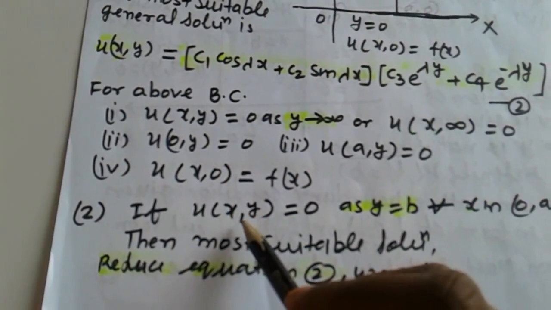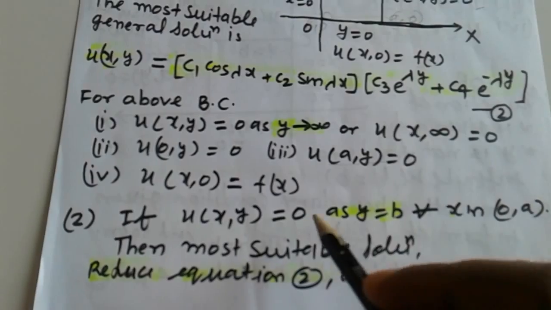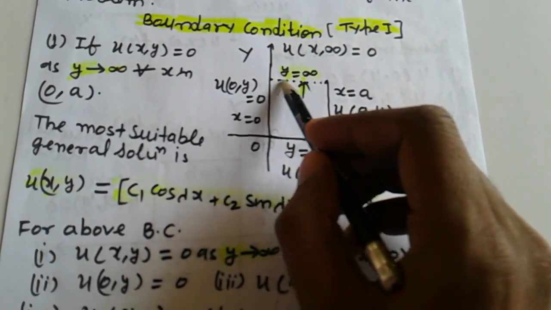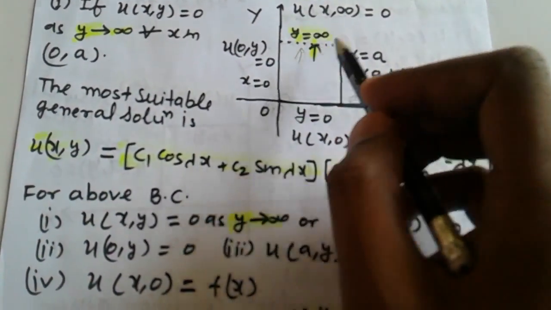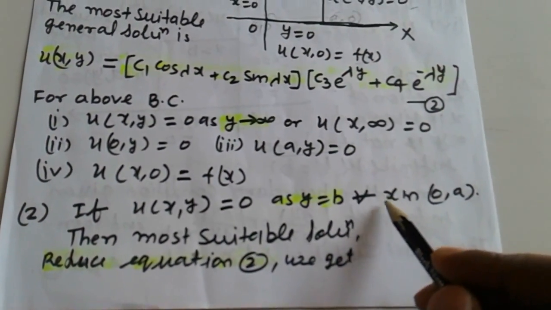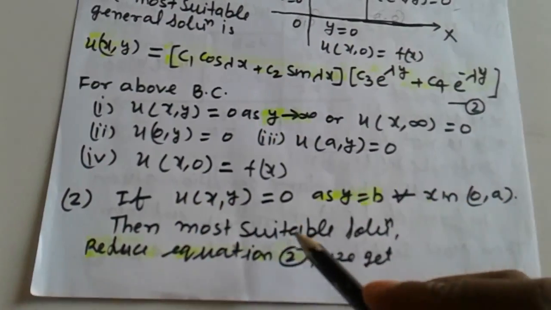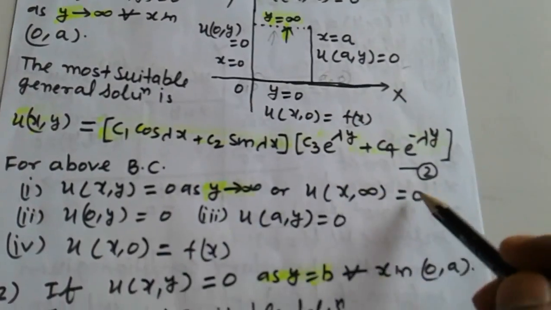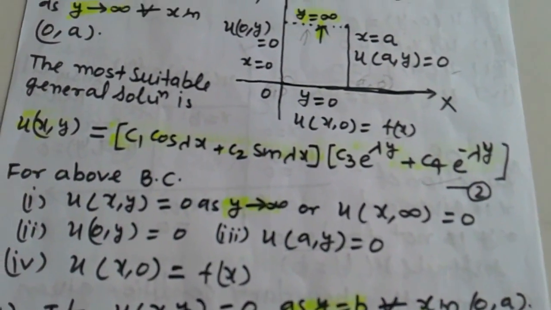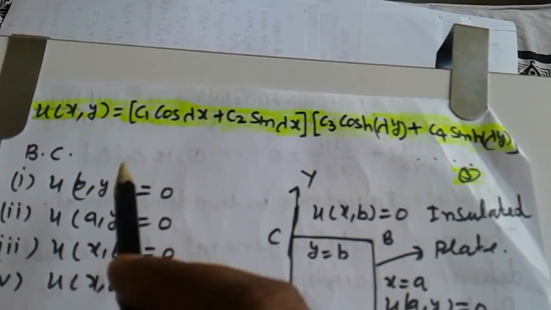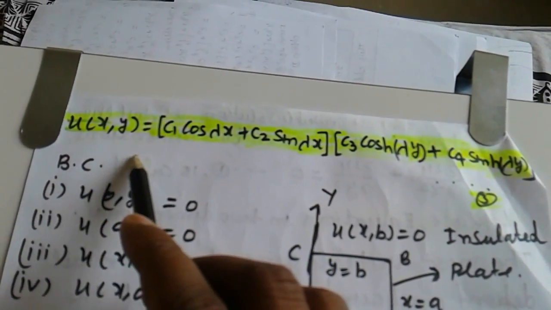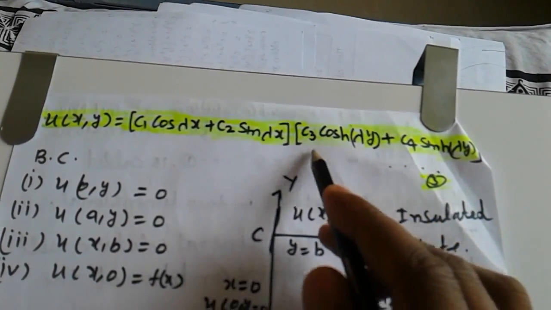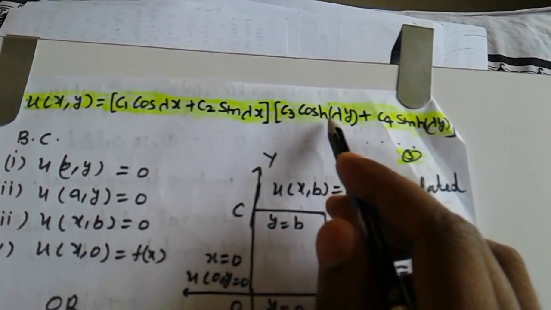If u(x,y) at y = b is bounded, meaning not tending to infinity, for x in 0 to a, then the most suitable solution reduces equation 2 to: u(x,y) = (c1 cos λx + c2 sin λx)(c3 cosh λy + c4 sinh λy), where cosh and sinh are hyperbolic functions.